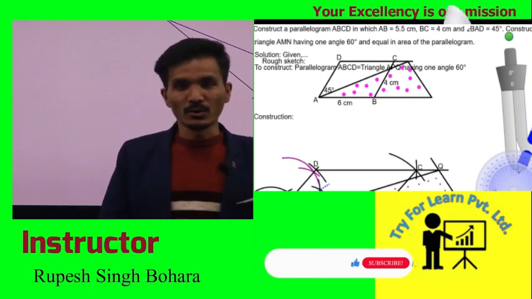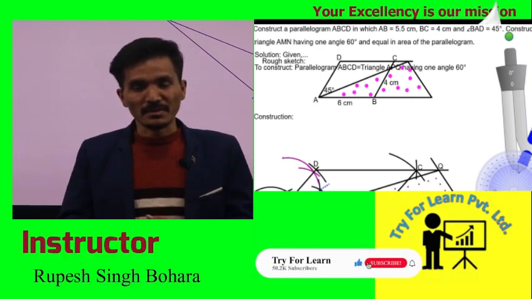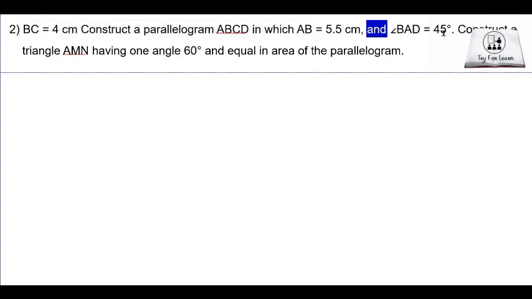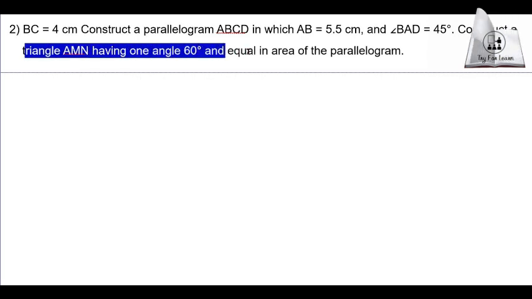In this video also, I'm going to share another idea for construction for SEE preparing students. Construct a parallelogram ABCD in which AB equals 5.5 cm, BC equals 4 cm, and angle BAD equals 45 degrees, and then construct triangle AMN having one angle 60 degrees and equal in area to the parallelogram.